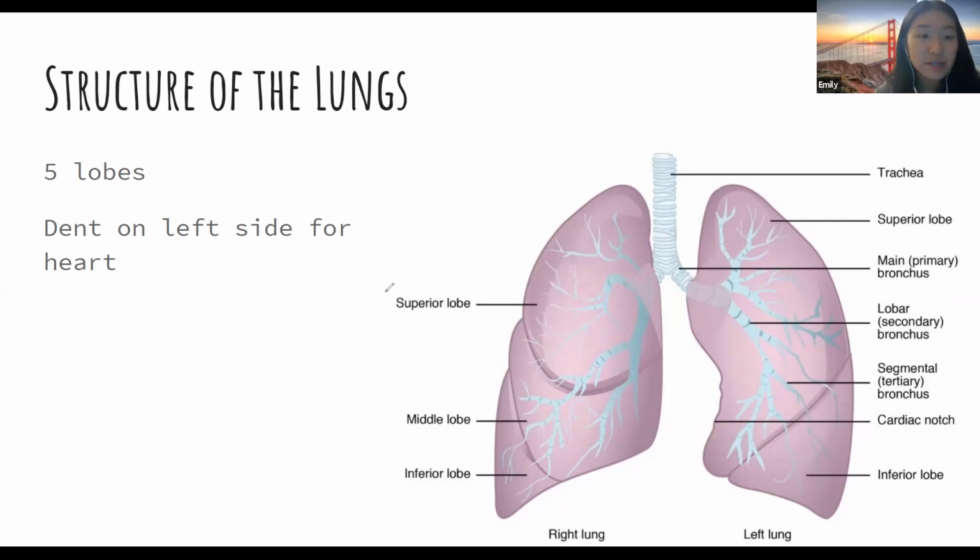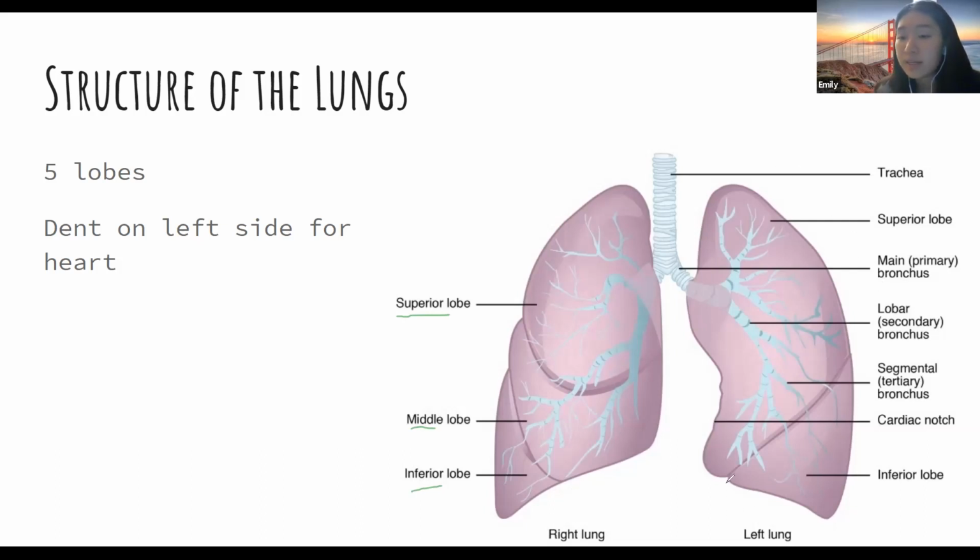But yeah, there are 3 lobes of the right lung: superior, middle, inferior. Superior just means above. So it doesn't mean that it's better or worse. It just means that it's higher. The middle lobe's in the middle, and inferior means on the bottom.